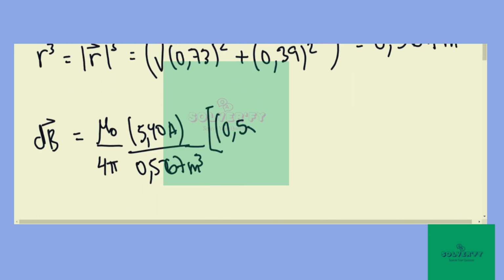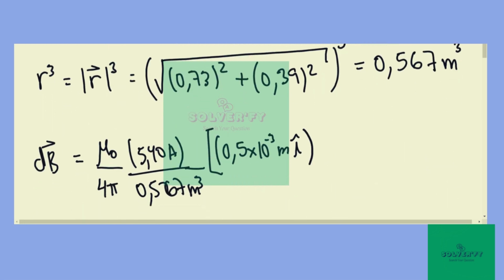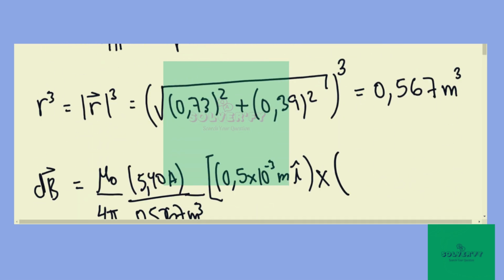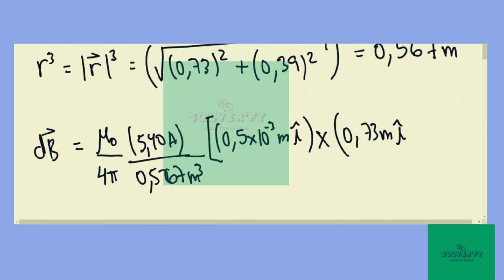So that millimeters is 10 to the minus 3 meters. This in the I direction, cross product between 0.73 meters in the I direction, plus 0.39 meters in the K direction.